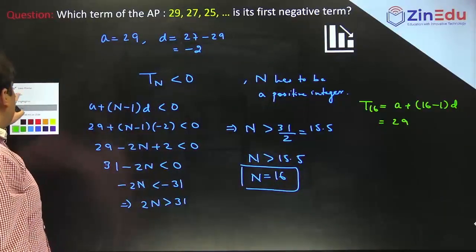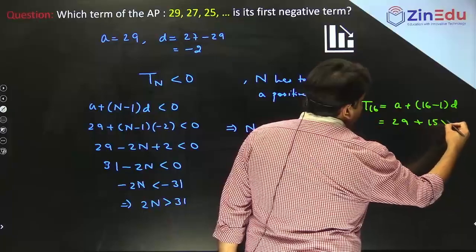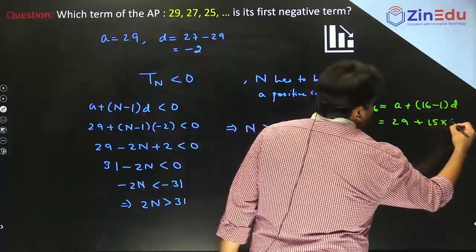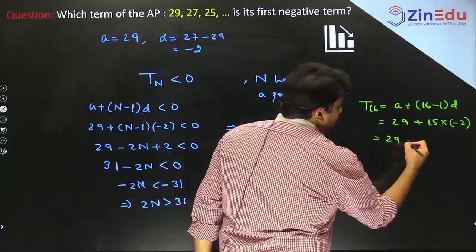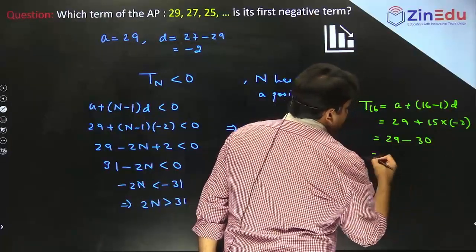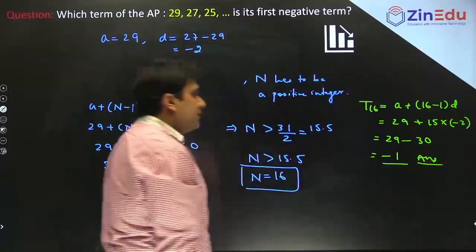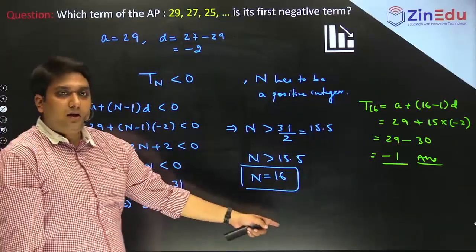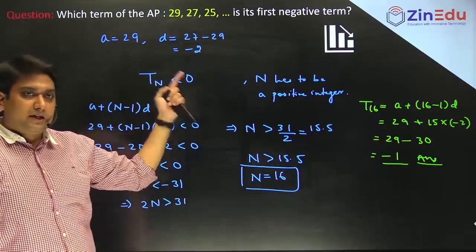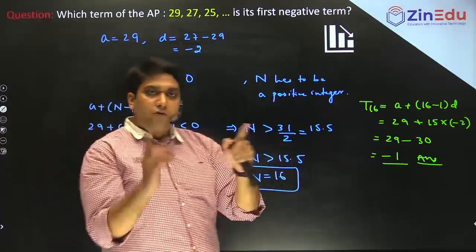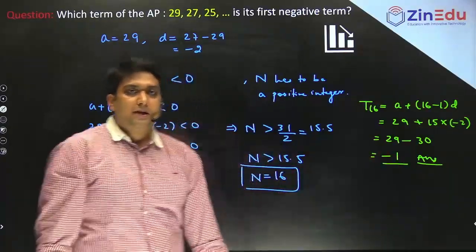A we have 29, plus 15 into d, that is minus 2. So this would be equal to 29 minus 30, that is equal to minus 1. So the 16th term of this given sequence will be the first negative term, and that first negative term has the value minus 1.